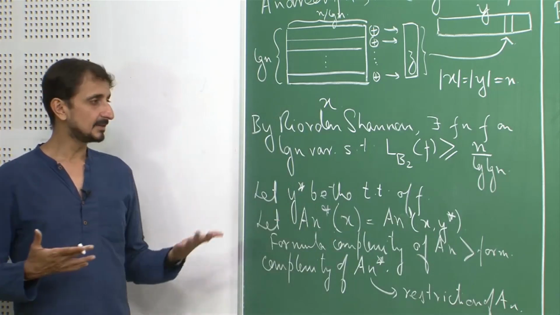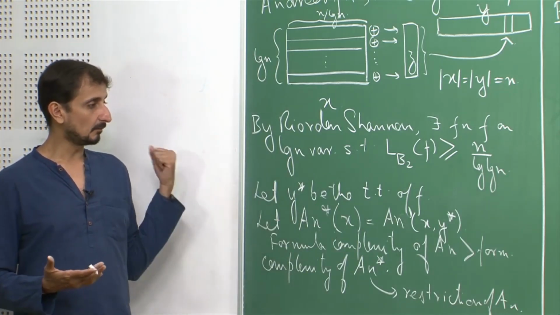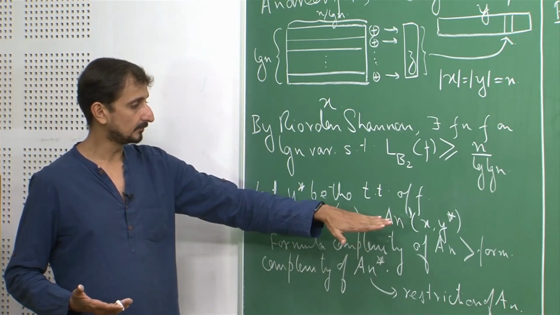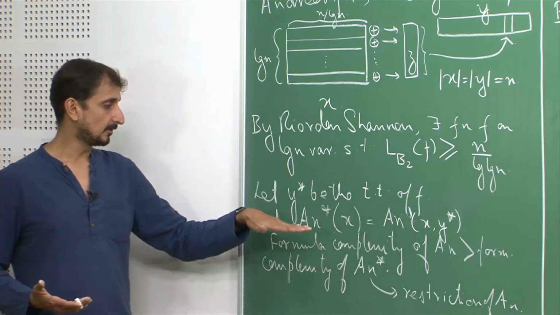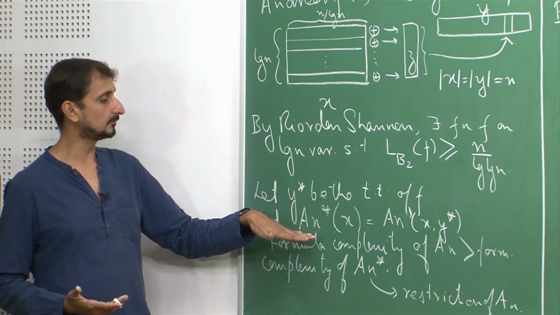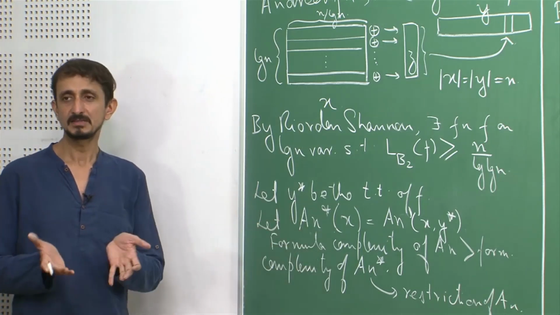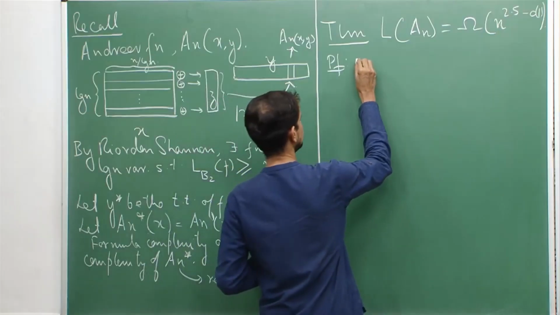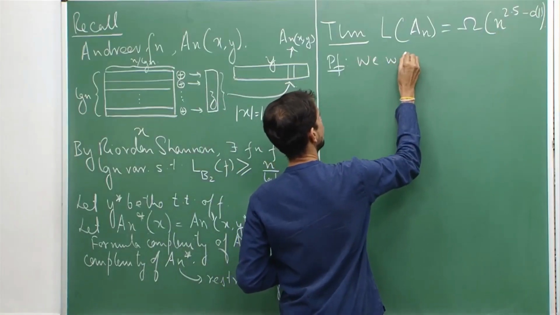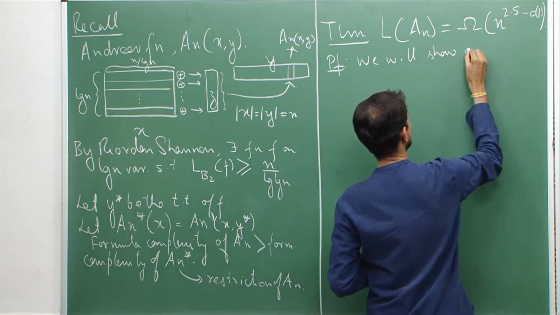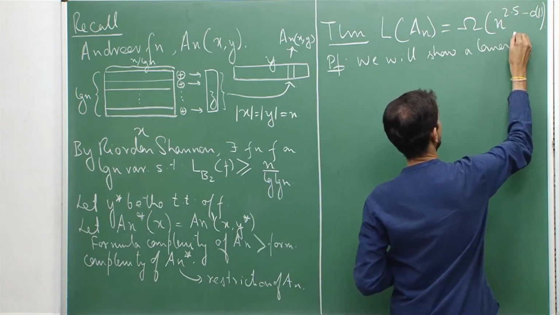The reason we are doing this is that ultimately we want to show a lower bound on the formula size of A_n, but because A_n star is a restriction of A_n, showing a lower bound on the formula size of A_n star will also suffice for us.